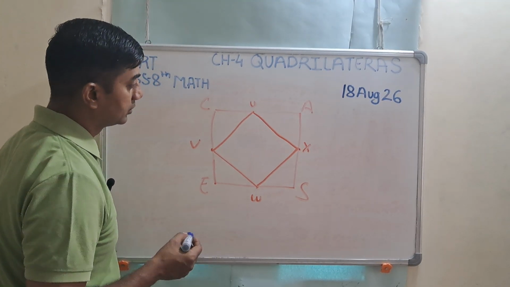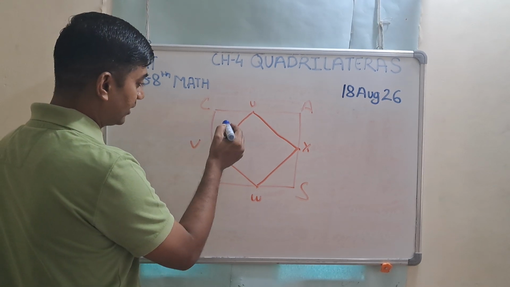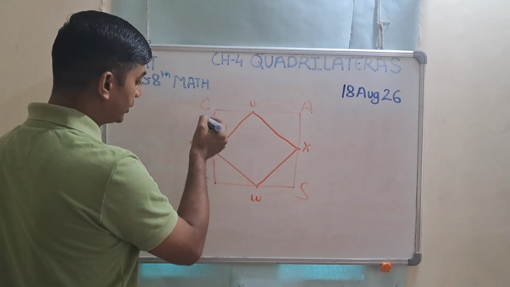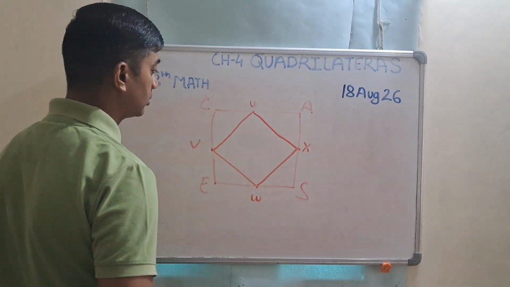If we take these two triangles, triangle CUV and triangle UAX. Understood?